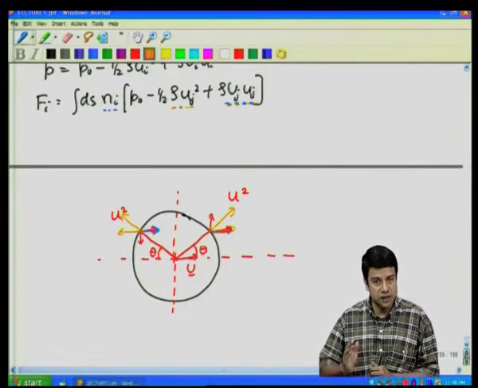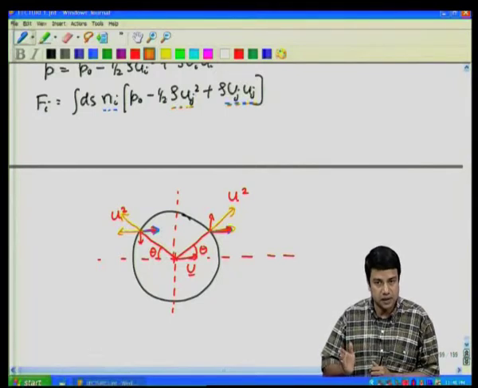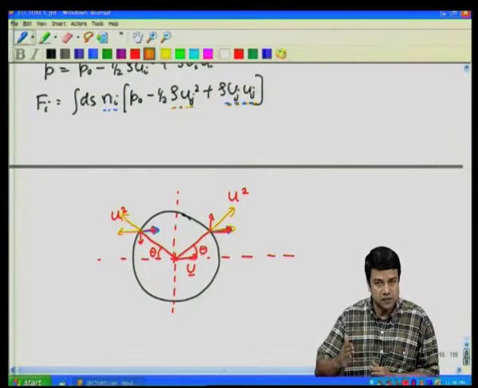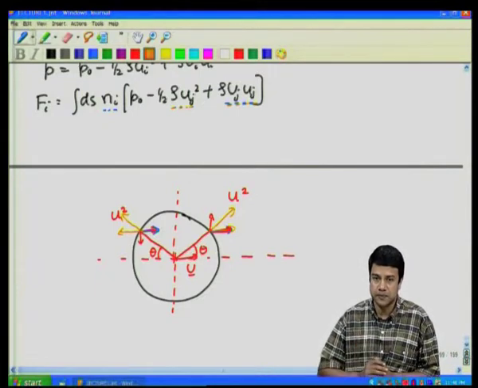The same holds for any point on the circle at an angle theta on the sphere. There is an equivalent point which makes that same angle theta with the downstream side. U square as well as u dot capital U are exactly the same on those 2 points. The component of the unit normal along the flow direction is opposite on those 2. Therefore, the net force just from symmetry has to be equal to 0.